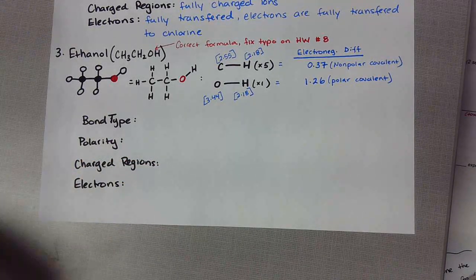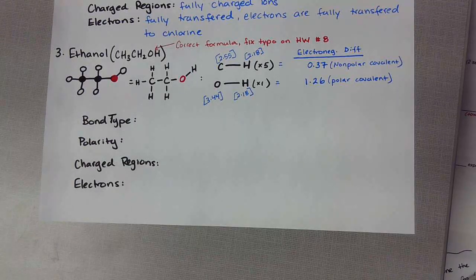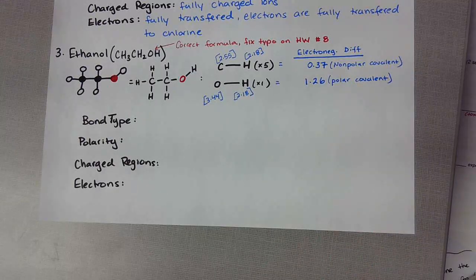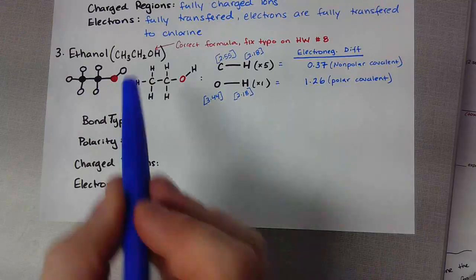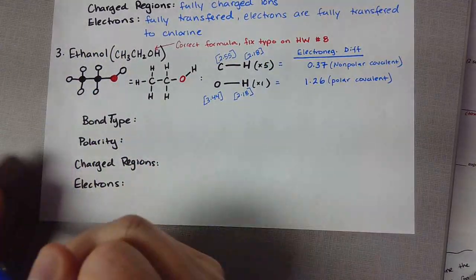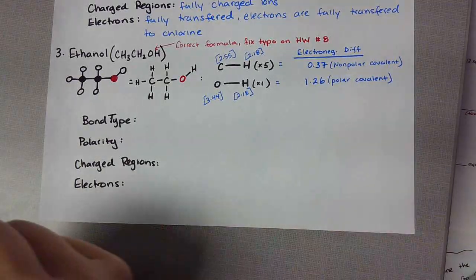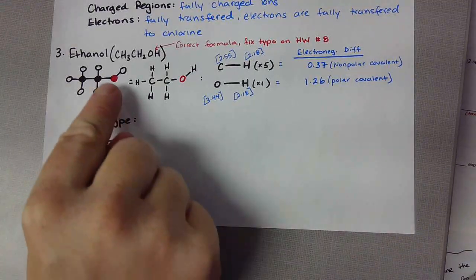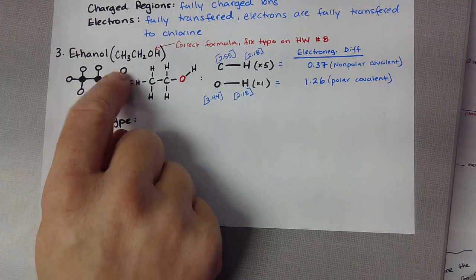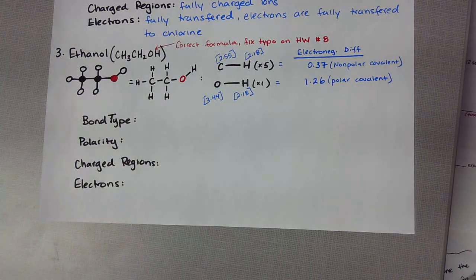So for bond type, well, we've got 2. We've got a nonpolar covalent and we've got a polar covalent. But when we're looking at the structure as a whole, most of the structure, 5 of the bonds, are going to fall in this category. So only a small portion of this structure is polar covalent, essentially only this little tail.